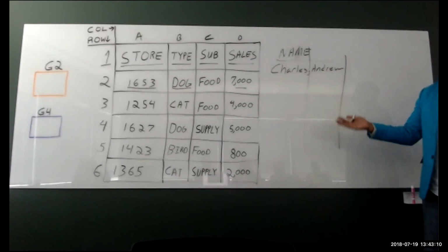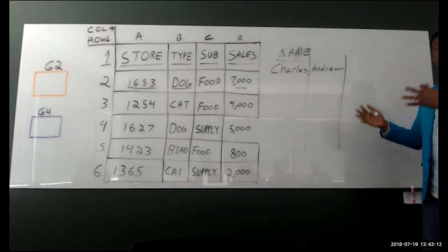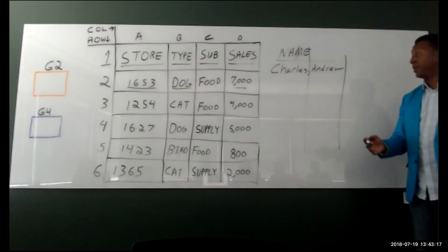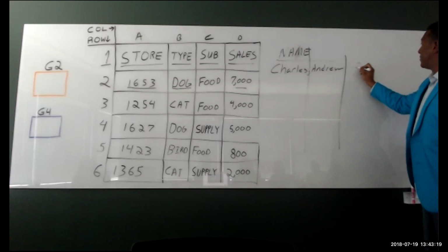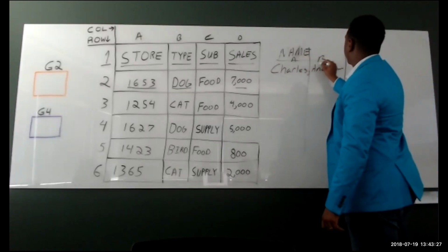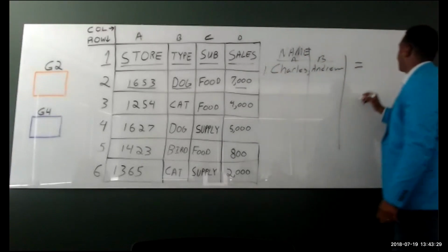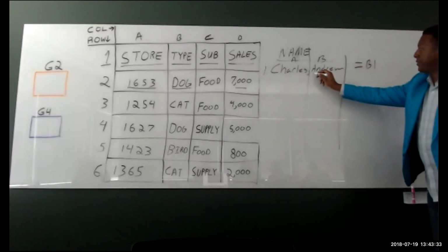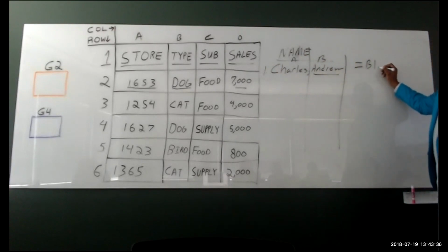But now I want to put it back to say Andrew Charles. So how do I do that? Well, we just talked about the concatenate formula and the ampersand, right? So that's what we'll do. Let's just call this column A, this is column B, and this is row 1. We'll go equals B1, which is Andrew, and then the ampersand sign.